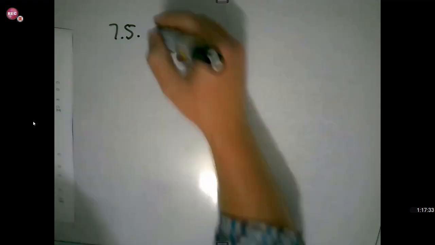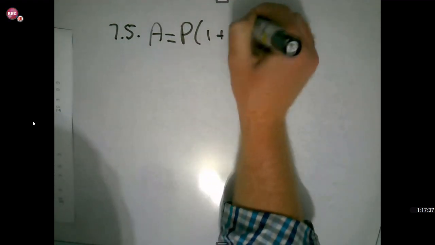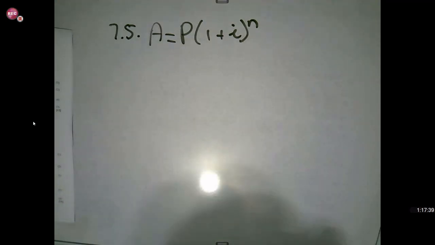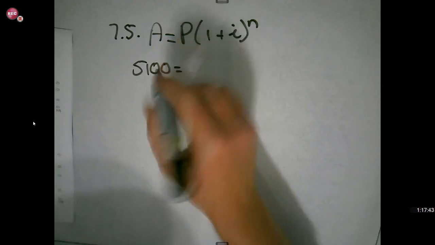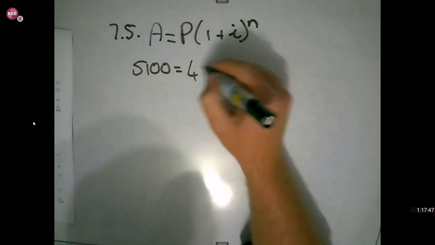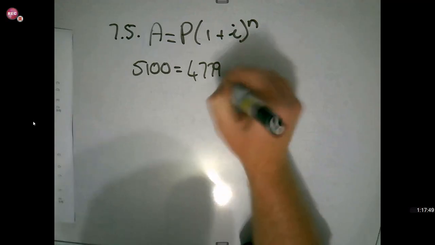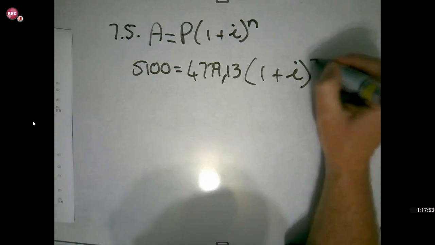Inflation is bound to compound interest. So compound interest formula. Then they gave you the inflation price, which is 5,100. Originally or initially the price for the cell phone was 4,779.13. They want to know what the interest rate is, so you have to calculate for i, and that was over 2 years.